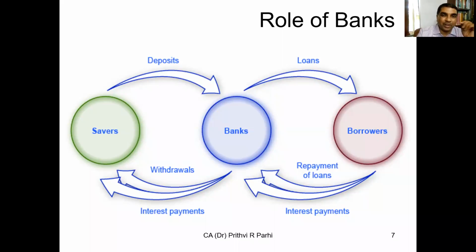Now you see, if you look at here, when the bank is giving a loan to the borrowers, the bank is creating an asset. Because if you look at the bank's balance sheet, loans are assets. And the savers' money, which is deposited in the bank, that is the liability.